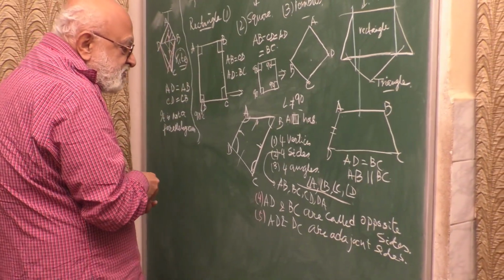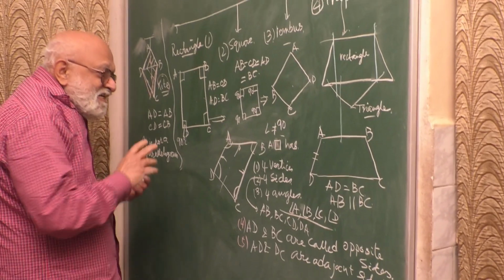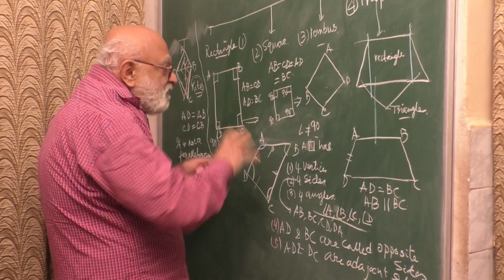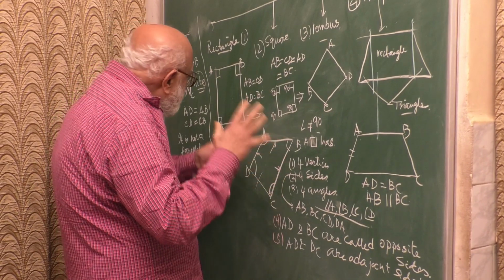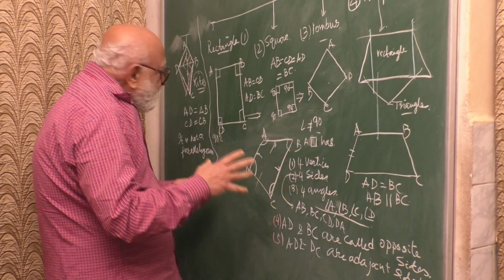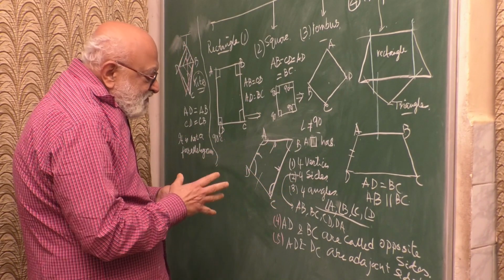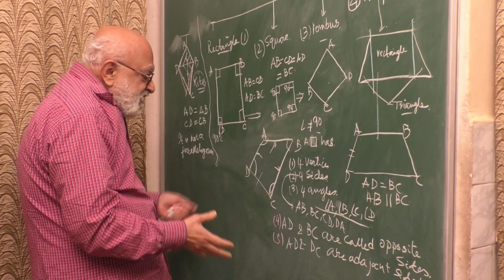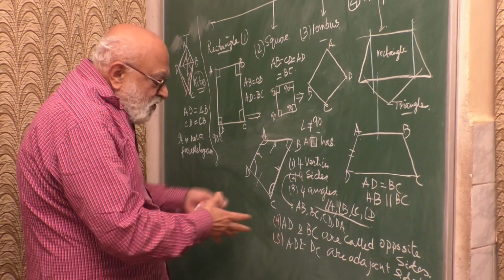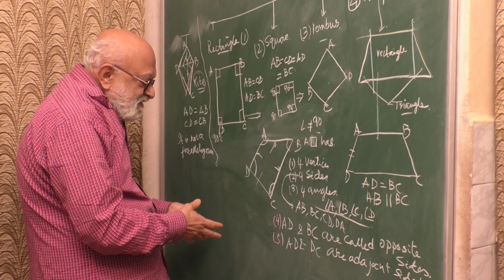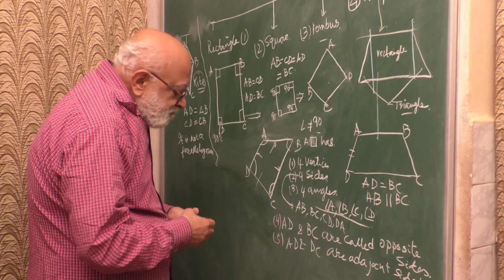So before you start doing any sums on quadrilaterals, please understand this very, very carefully. Otherwise, in a question they will say adjacent sides or opposite sides, and you will not know which one is an adjacent side.